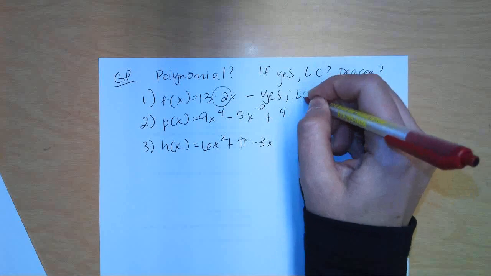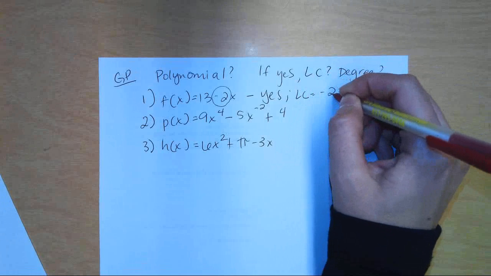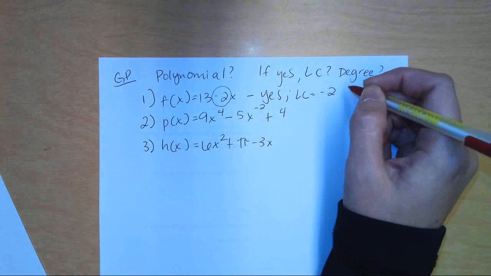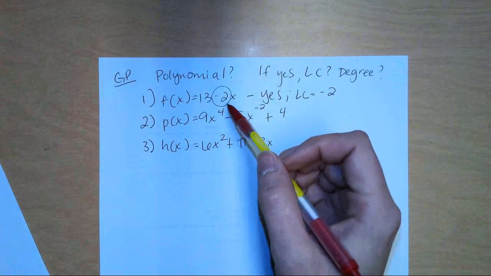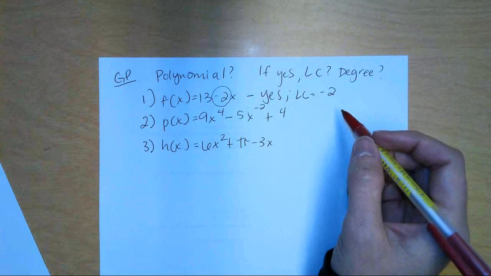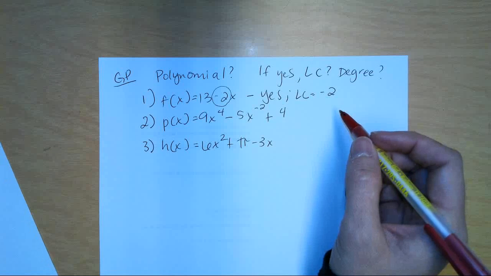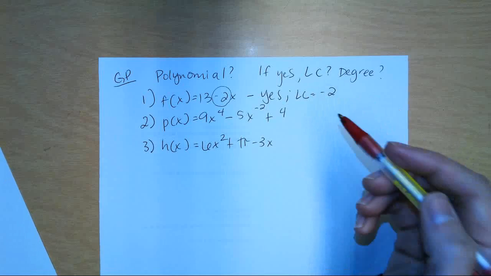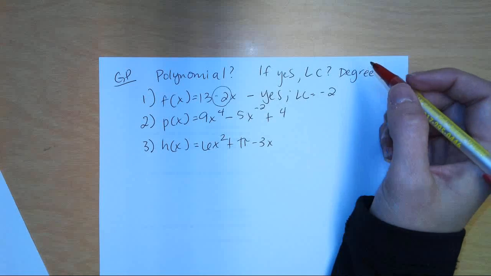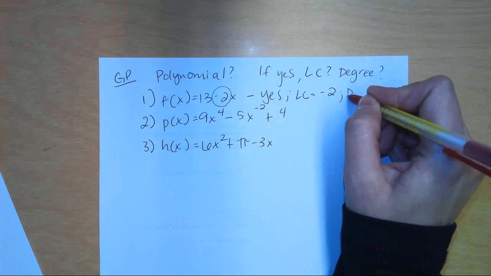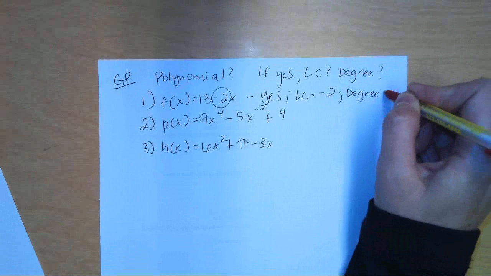So, yeah, just be careful about that if it's not in order. If we put it in order, it would be negative 2x plus 13. Do you agree? Okay, yeah. So it would be negative 2. Great. And then, Michelle, what's the degree? 1, yes. Very good.